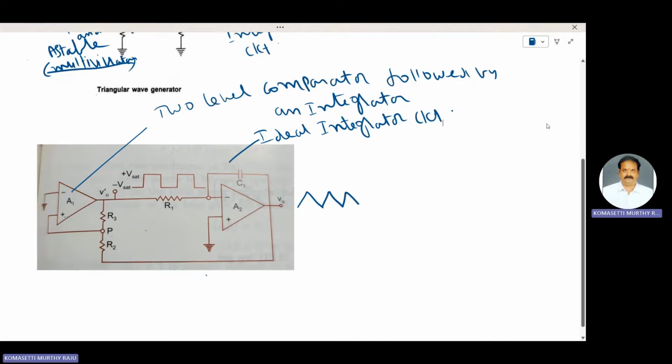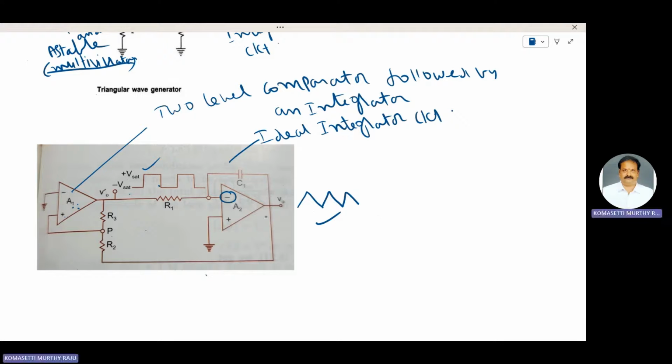The output of the comparator A1 is a square wave of amplitude plus or minus V sat. It is applied to the non-inverting terminal of the integrator A2, producing a triangular wave.